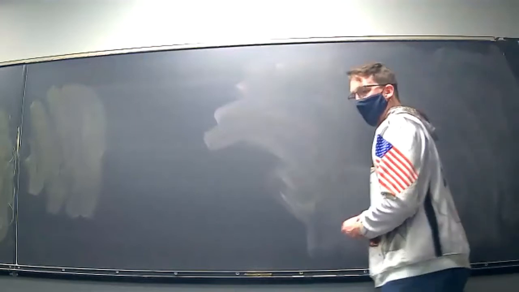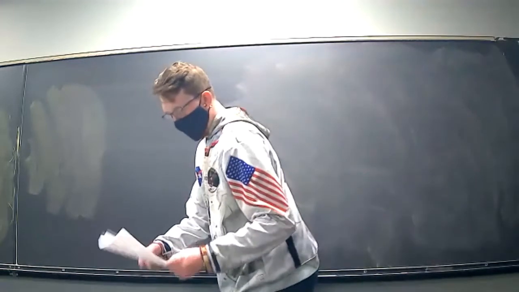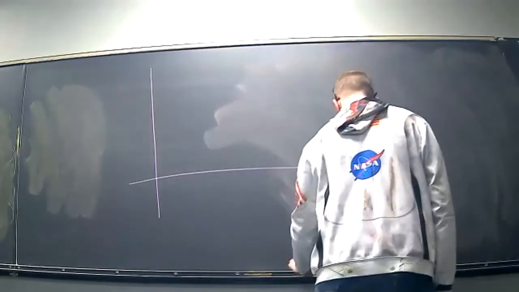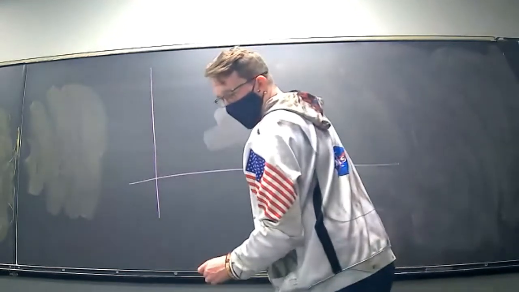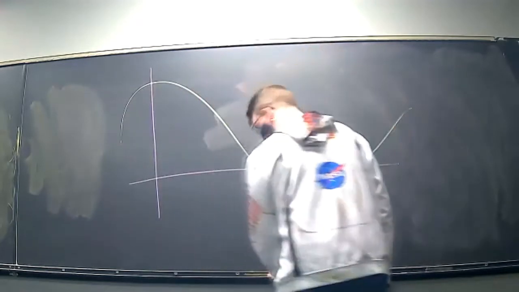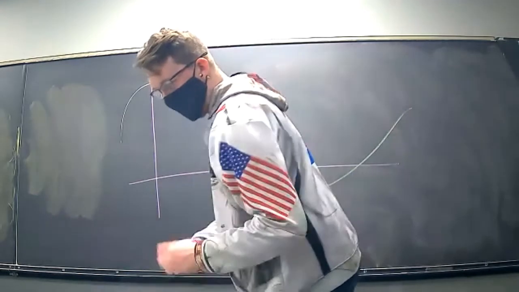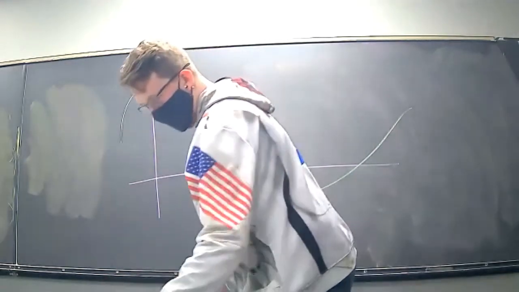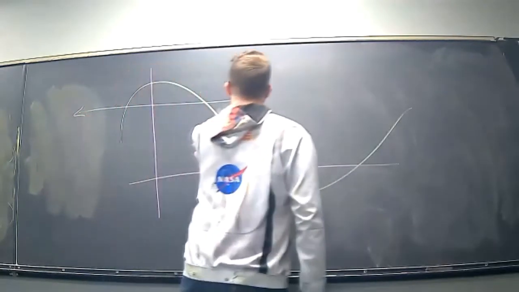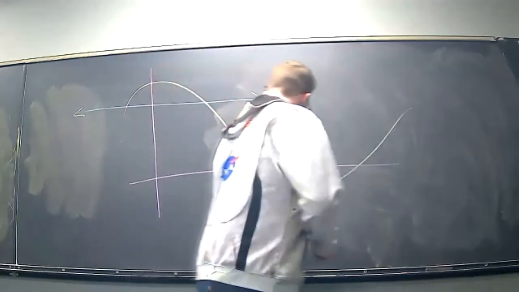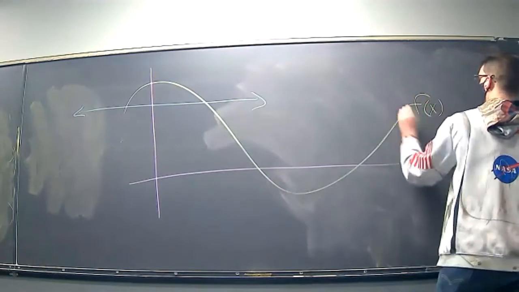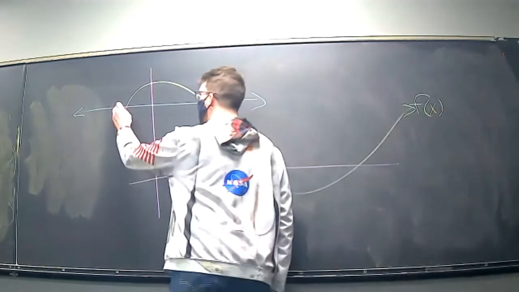So as an example of a secant line, let's imagine we've got this curve here. I'm going to go ahead and call this a function. I'll explain why in just a second.